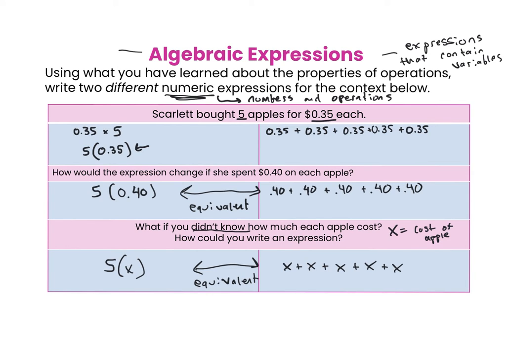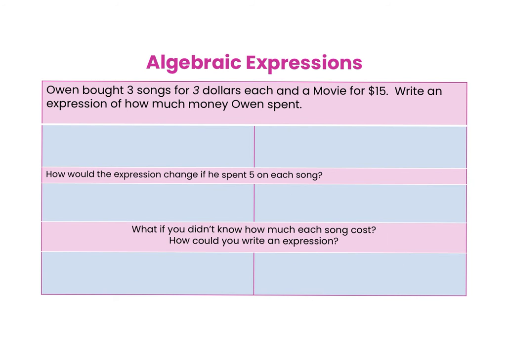One is saying 5 times x, the other one is saying x plus x plus x plus x plus x. All right, let's look at another example. So this is another one we did in class. I just switched it up a little bit. So we're going to follow this same format where first we're going to write numeric expressions and then we will write an algebraic expression.